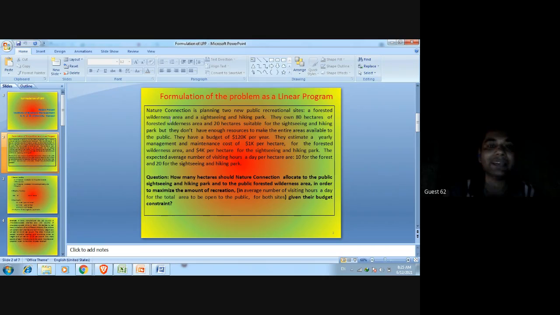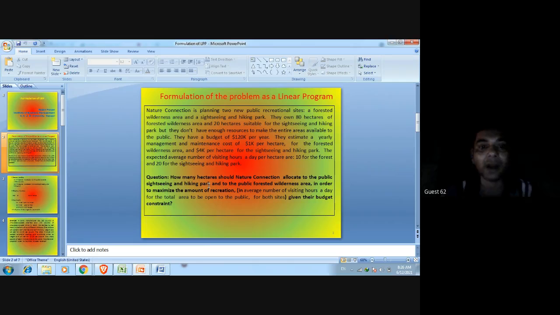That means they have a total budget of $120,000, and $1,000 per hectare will be used in your forested area, and $4,000 per hectare will be used for your sightseeing park. The expected average number of visiting hours a day per hectare is 10 for the forest area and 20 for the sightseeing park. So this is our real life situation. Now what is the problem?